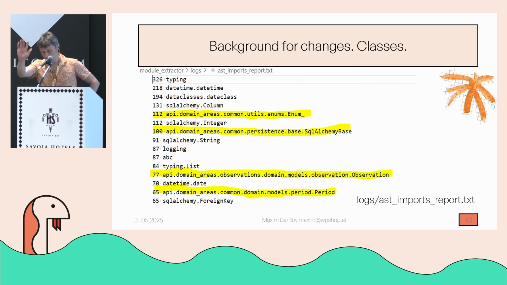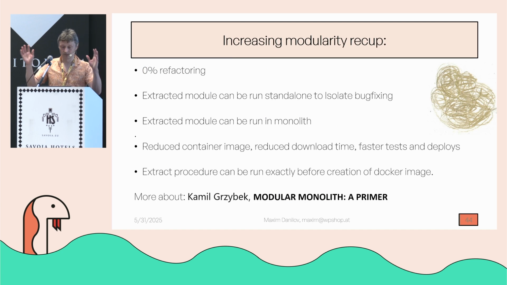And also we have a basis for changes. If I have the listing of imported classes, I can see 1 class from my project imported many times, and probably this is a candidate to extract this class as an installed dependency. Okay, increasing modularity recap.